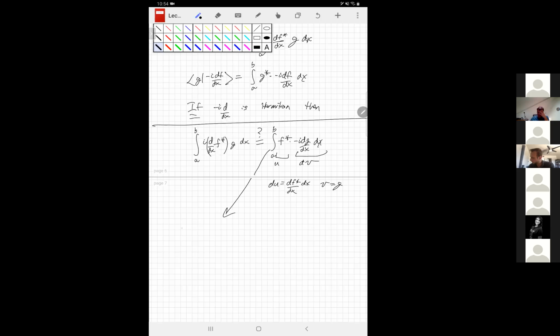So this whole thing becomes minus i times f star g evaluated at a and b, minus, because there's always a minus sign when we integrate by parts, this minus i is the constant from the beginning, integral from a to b of v du, or g df star/dx dx. Minus minus i becomes plus i.